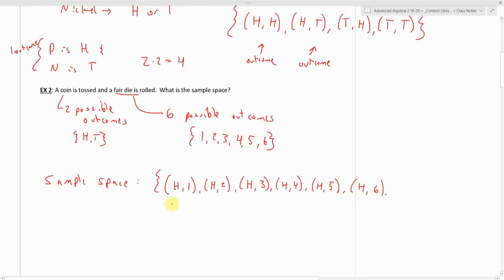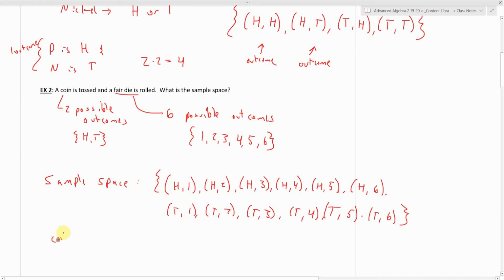I also might get tails with a 1, tails with a 2, tails with a 3, tails with a 4, tails with a 5, or tails with a 6. And those are all of the possible outcomes. This would be my sample space here, all of my possible outcomes.